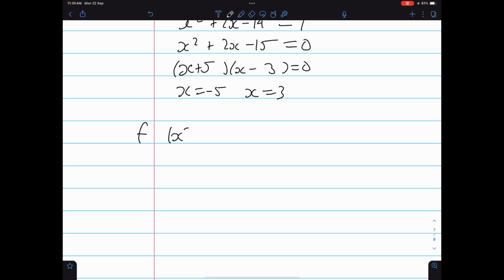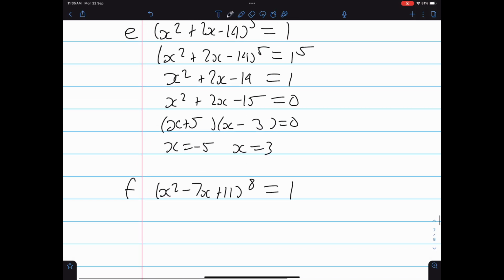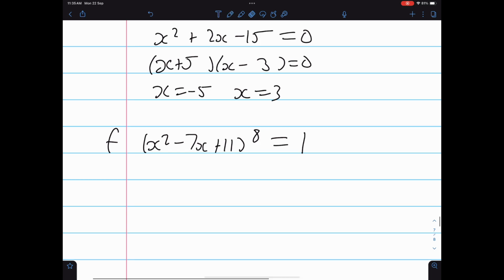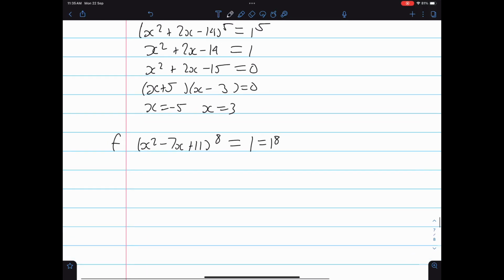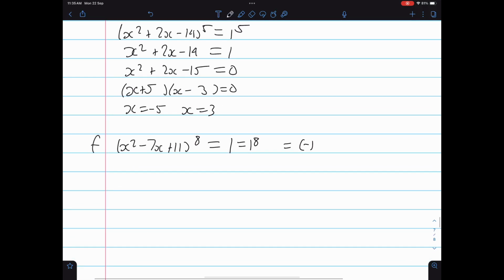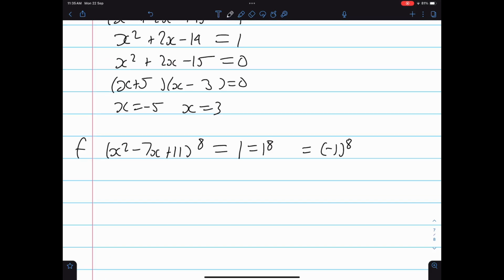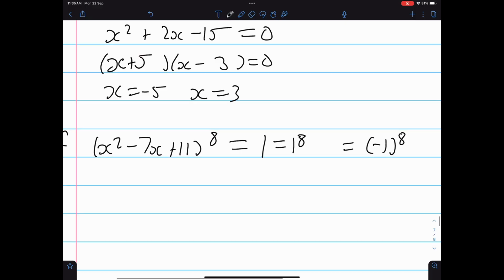Now in this next question, it's slightly harder. Because now this can be equal to 1 to the power of 8. But what if it's also equal to negative 1 to the power of 8? Because all negatives to even powers are positive as well. So this is why we have to split it into cases.